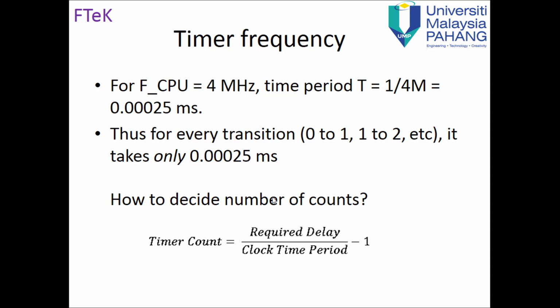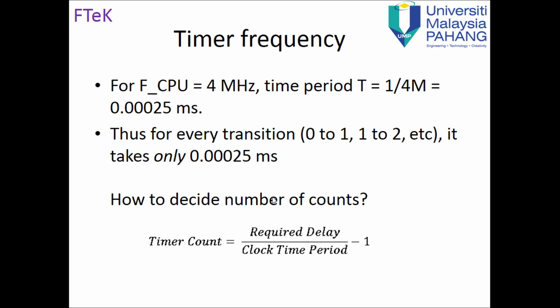Speaking about timers, we need to speak about the timer frequency. So if we have a frequency of the CPU of the microcontroller, the clock, the internal clock or the external clock, if it's 4 megahertz, that means the period is the inverse of the frequency of the clock, which is 1 divided by 4 mega, it's 0.00025 milliseconds.